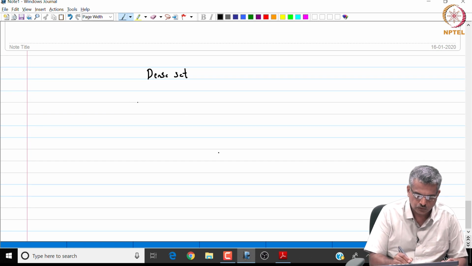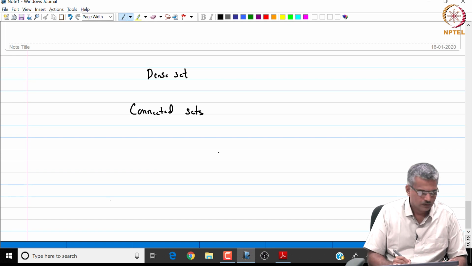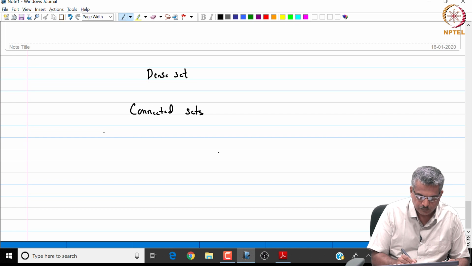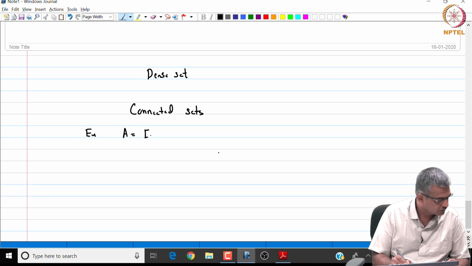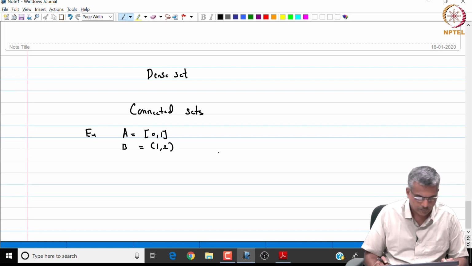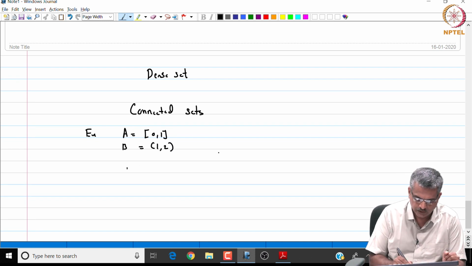So, we are now talking about connected sets. I have an example. Let me take A as [0,1], these are sets in R, and B as (1,2), right. Now, what can you say about A intersection B?